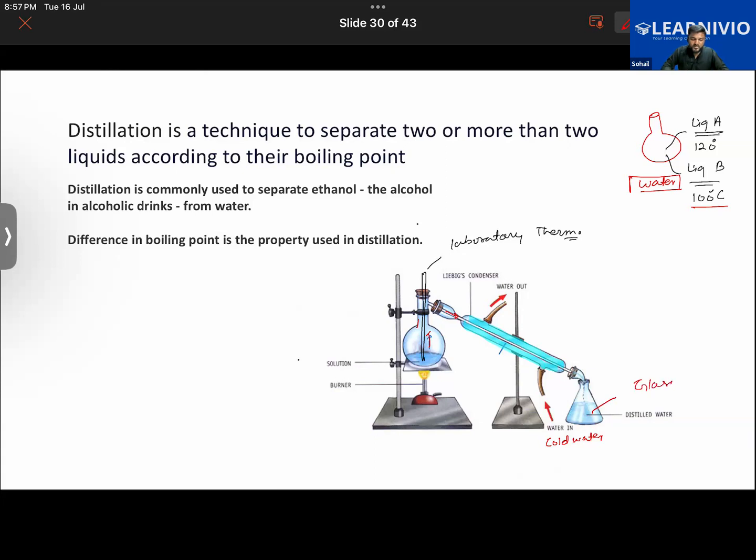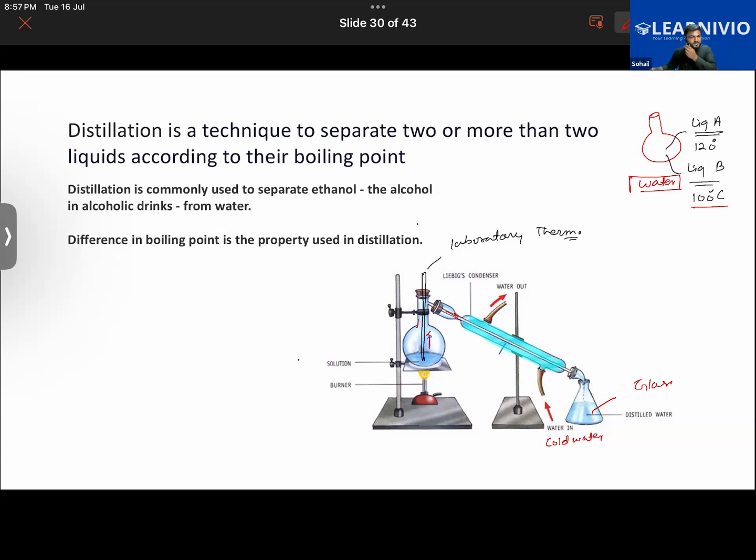Because at 130 degrees Celsius, above 120, both the liquids will completely turn into the vapor state, go into this structure, condensation will take place, and it will fall into this glass flask. Are you understanding what I'm trying to say?